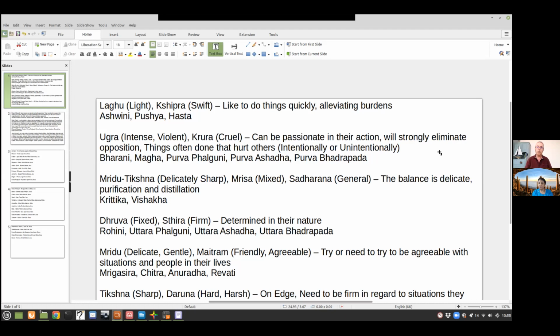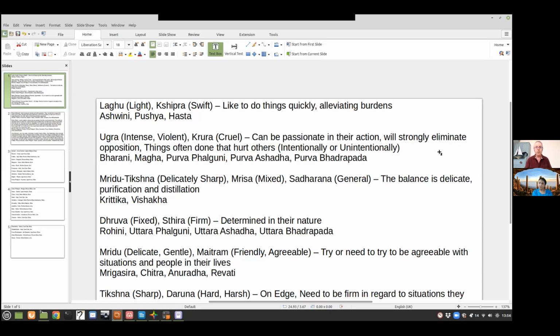With the Ugra and Krura nakshatras, quite often, things that they do hurt others. It's not always intentional. So for instance, one of the Ugra and Krura nakshatras is Bharani. And one of the qualities of Bharani is moving on or letting go.